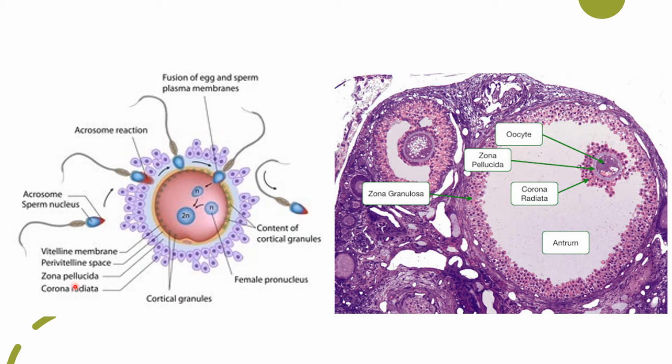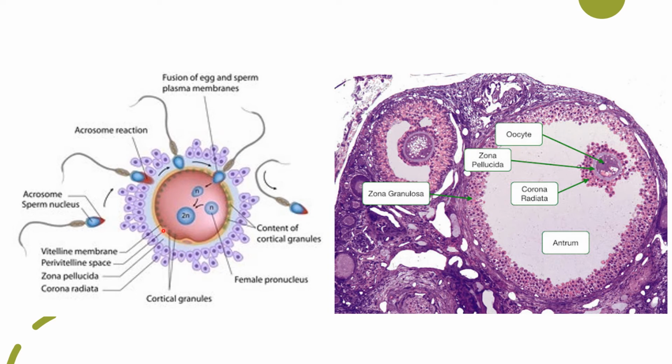In a schematic diagram, you will see how it looks when the egg is being penetrated by the sperm. You see here the acrosome reaction. In here, you will see the different parts of the egg.